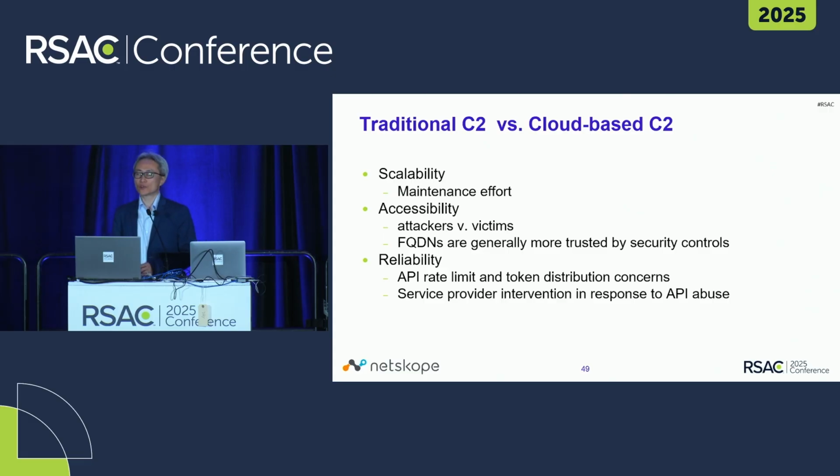But one of the drawbacks for cloud-based C2 is that the attacker needs to put the API key somewhere, either hard-coding it or putting it somewhere to retrieve. If the number of victims gets higher and higher, the API token bound to that user might exceed the defined API rate limit.